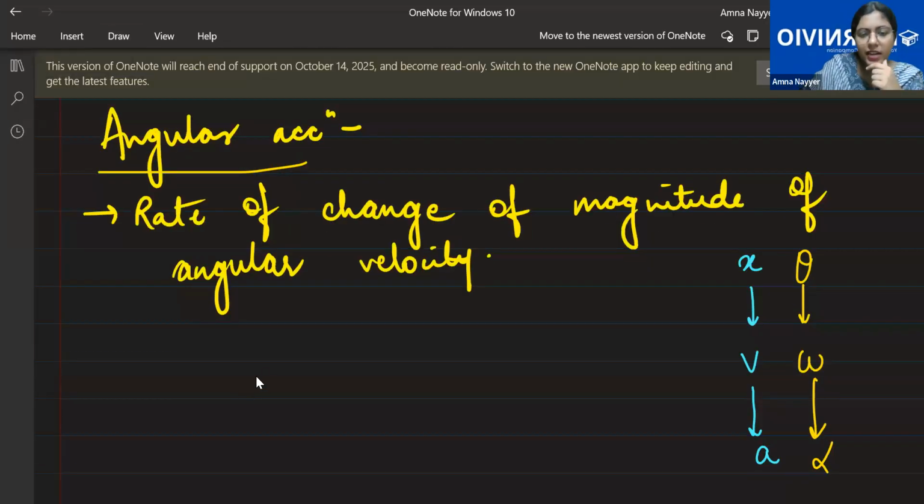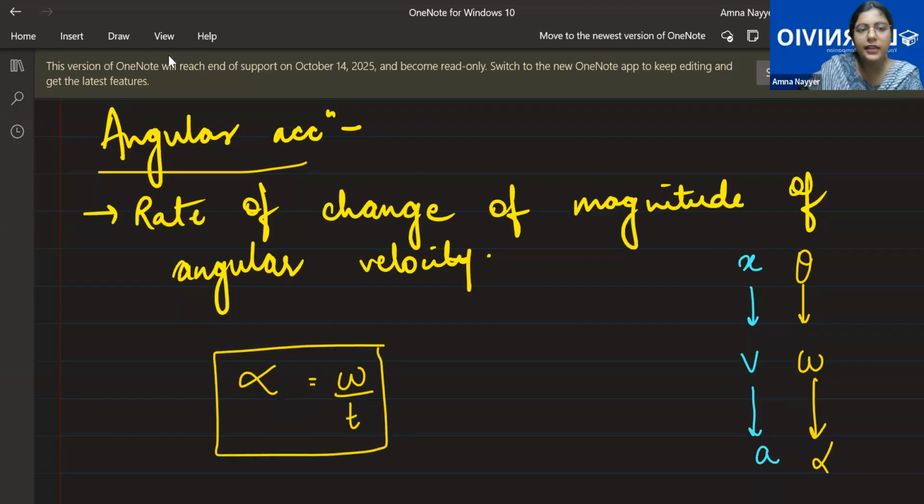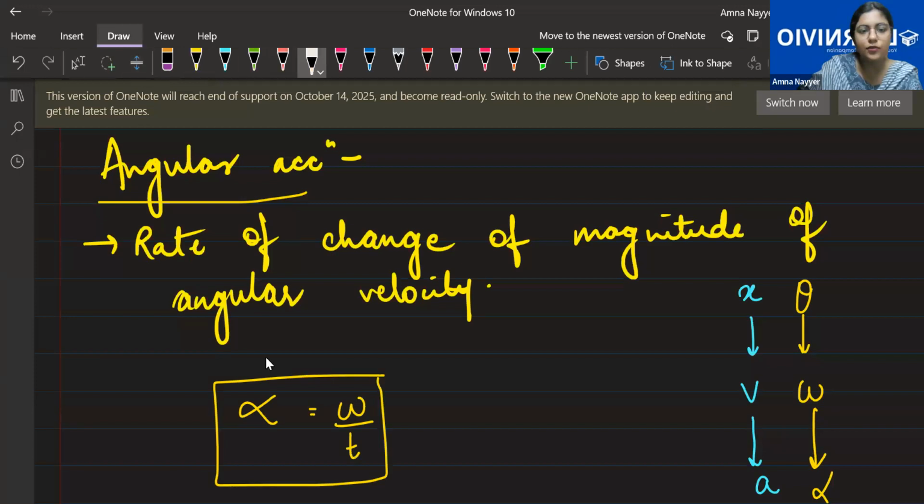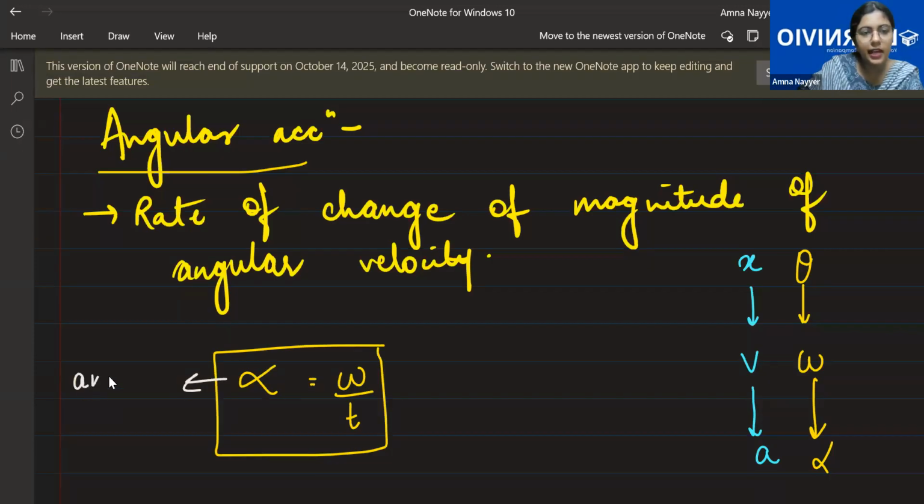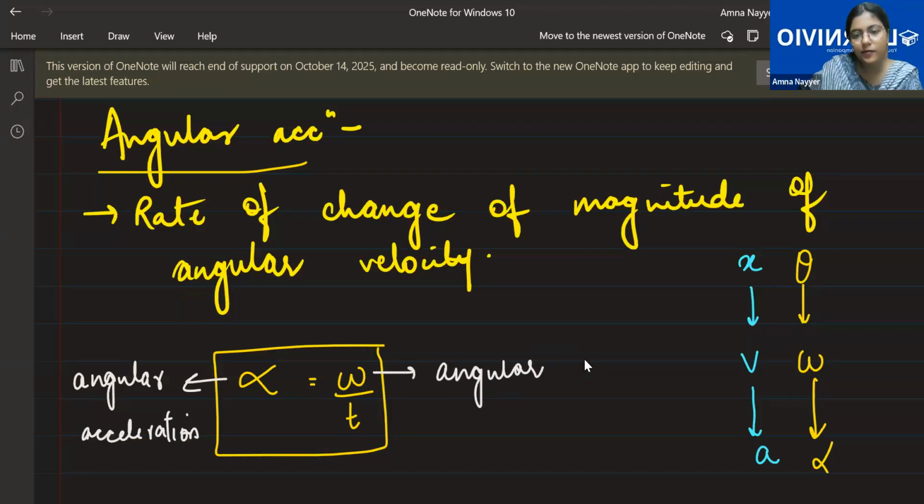So the formula will also be very simple. It is represented by the symbol alpha. This is equal to omega divided by t: the angular velocity divided by time. That is its formula. This is the angular acceleration, this is the angular velocity, and this is the time.